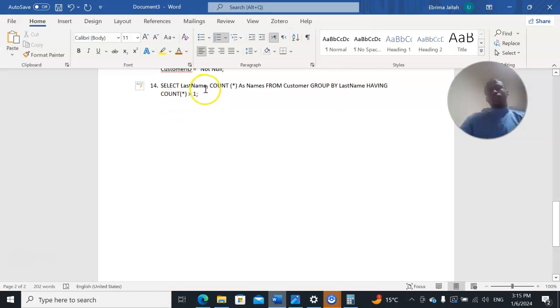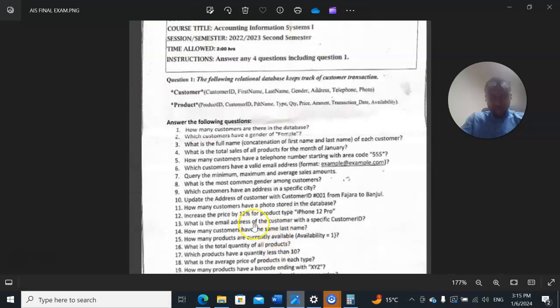When you say select the last name, we're talking about the surname of the customer. When you say count with bracket open and the asterisk sign, it means the number of occurrences of this last name, because we want to know how many customers have the same last name.